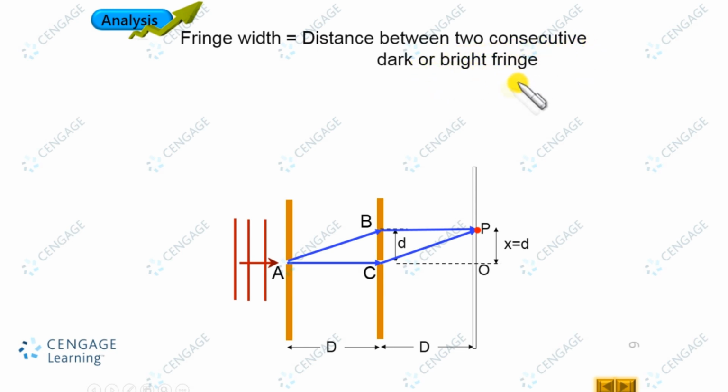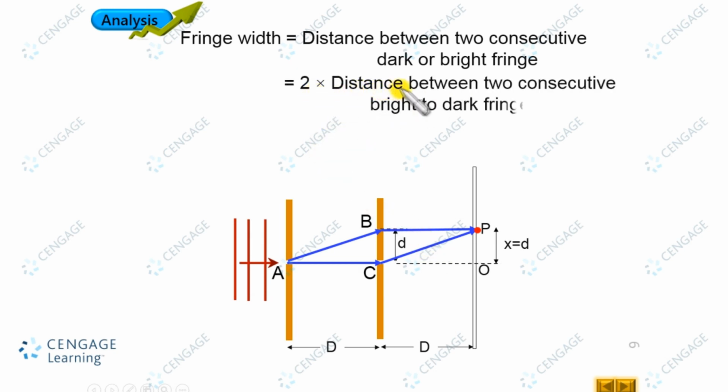And it is also equal to twice the distance between two consecutive bright to dark fringes, or dark to bright fringe, 2 multiplied by the distance between a bright and a dark fringe, and this distance we know is equal to small d. That means fringe width should be equal to twice d. This should be the answer of the third part.